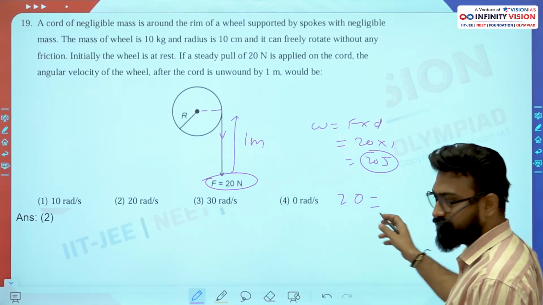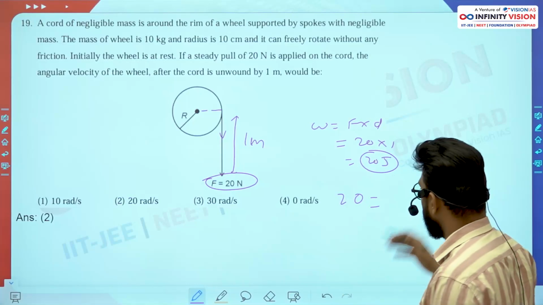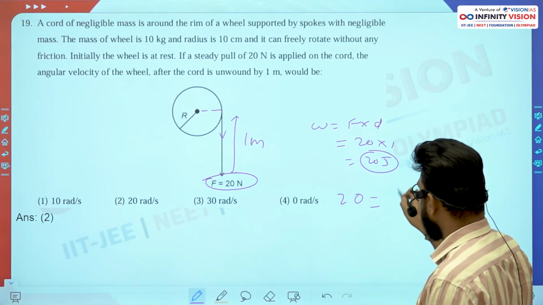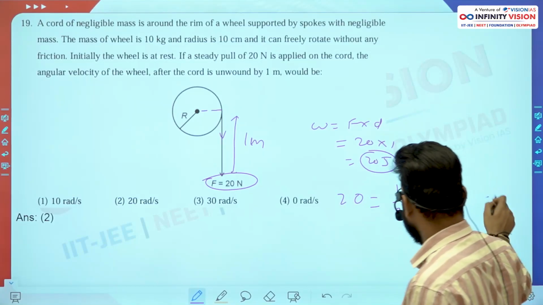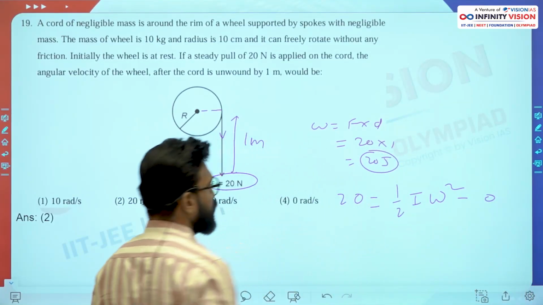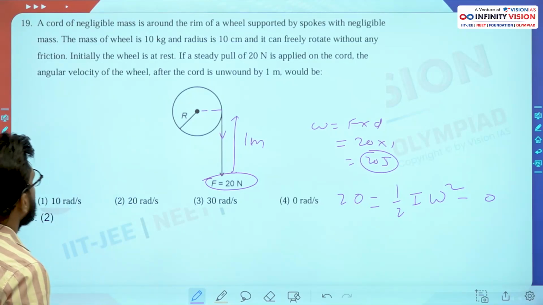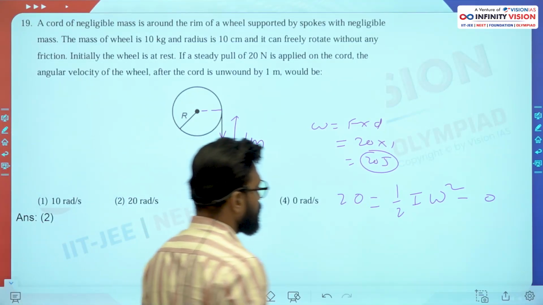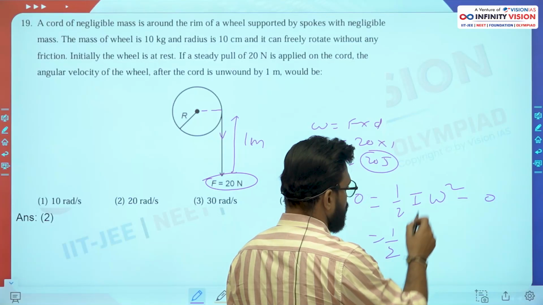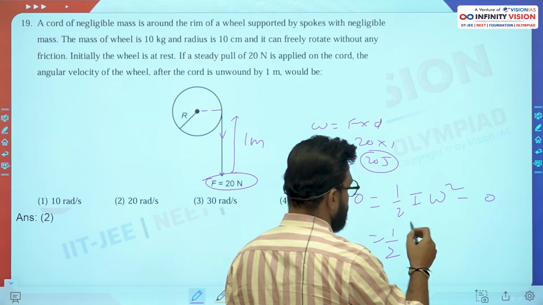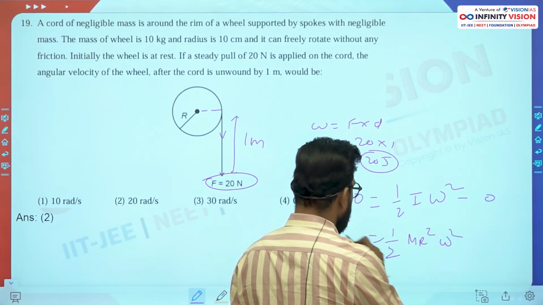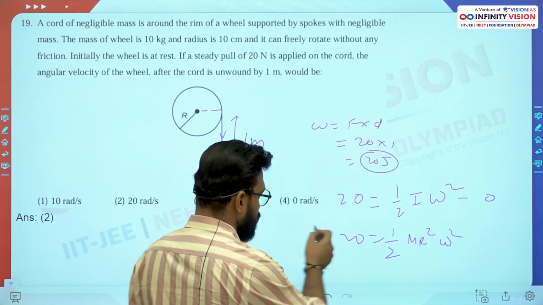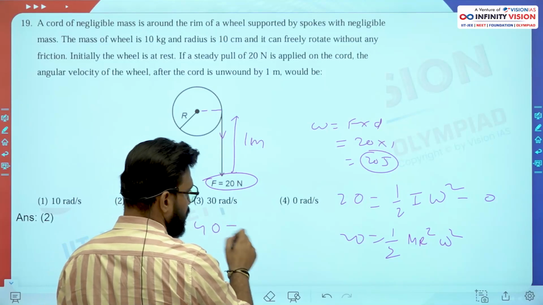Initially it was at rest, so the initial kinetic energy was 0 because omega was 0, and the final is half I omega square. Since it is a wheel, the moment of inertia is mr square, so half m r square omega square is equal to 20.